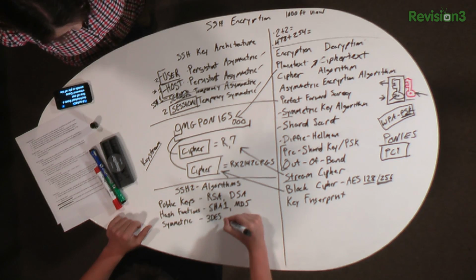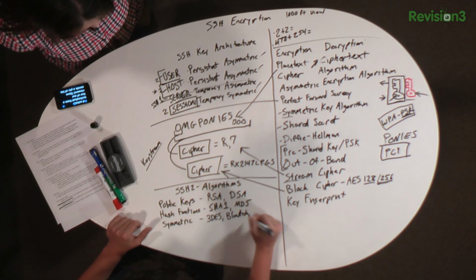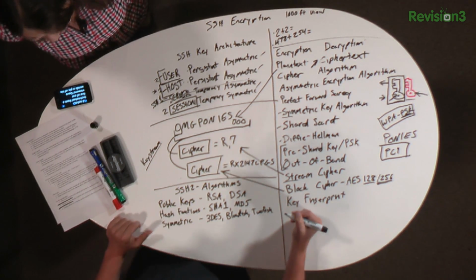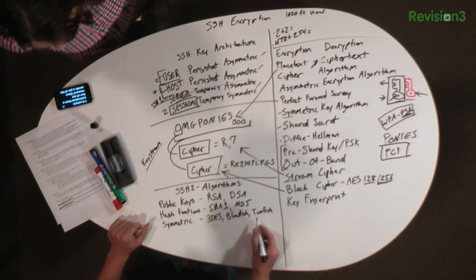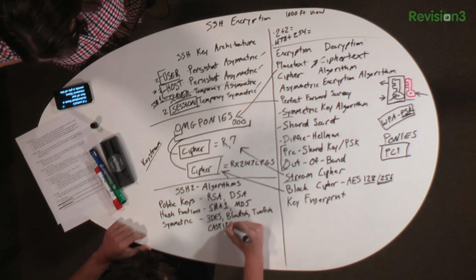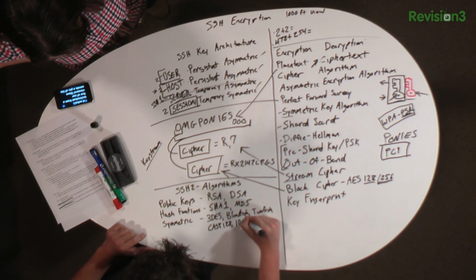It could be Blowfish, Twofish. The other ones would be CAST-128, as well as IDEA. I haven't heard of so many of these. I know. And then finally, and this is the one we'll talk about today, ARC4.